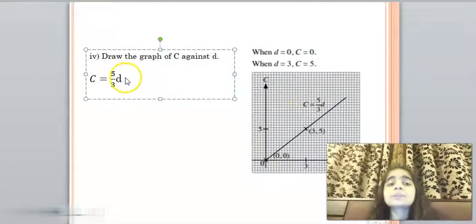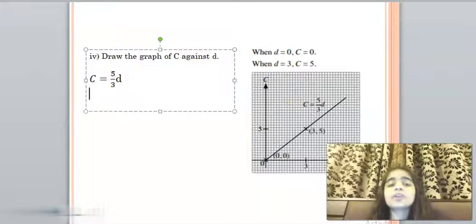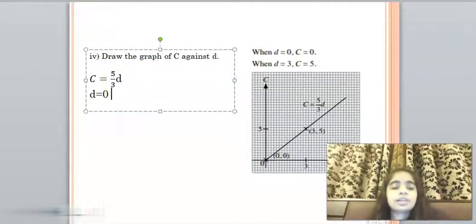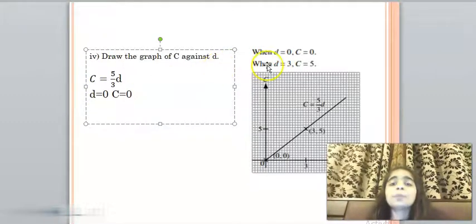Now if we substitute 0 in place of d, so d equals 0. What will our C be? So 5 upon 3 multiplied by d, that means 5 upon 3 multiplied by 0. Our C will also be 0. Capital C will be 0. Now if we put d as 3, so if we take two values, we can plot our graph easily with those two coordinates.